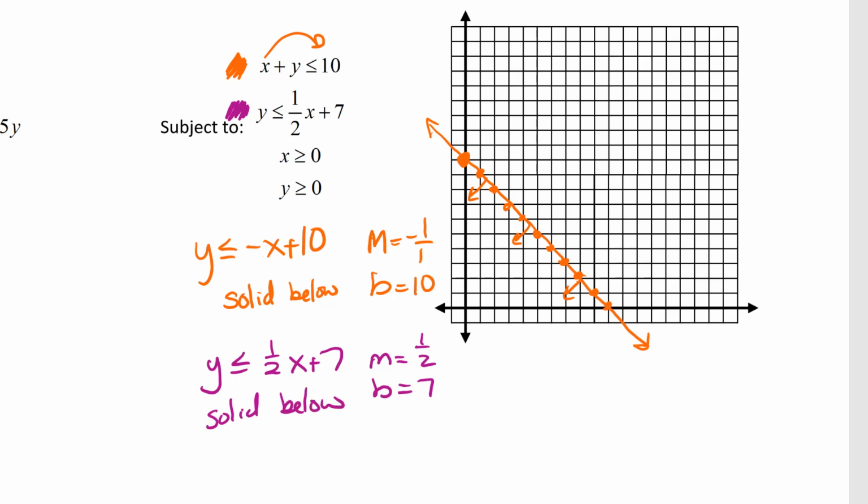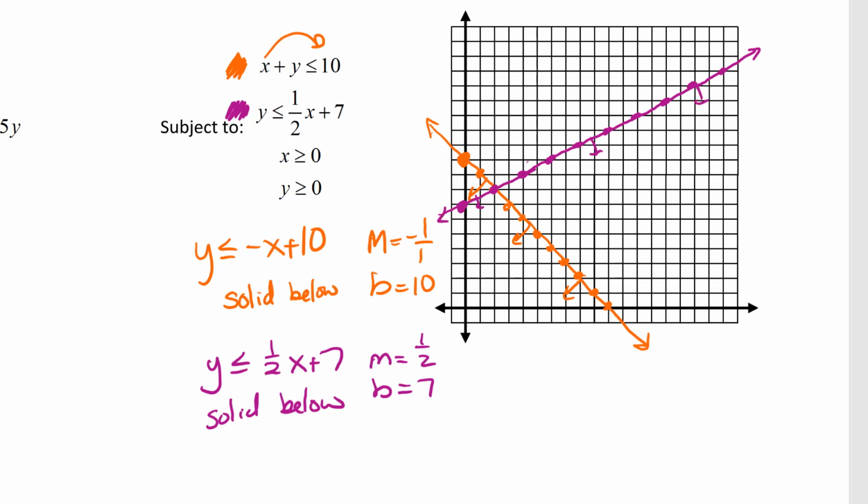So I'm going to go to 7 on my y-axis, 3, 4, 5, 6, 7 right here. I'm going to go up 1, right 2, up 1, right 2, all the way off my picture. Now I've already crossed the orange line, which is important, and that's a corner point. It's a solid line, and I'm shading below.